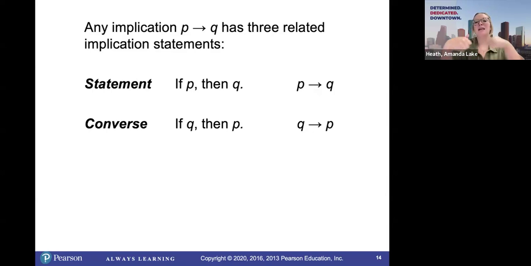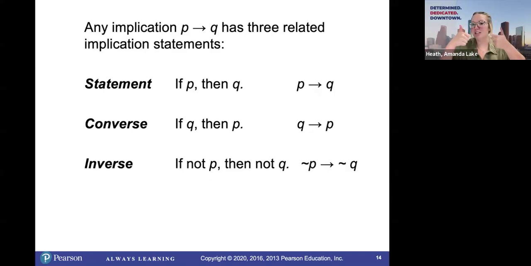It's going to be if Q, then P. The inverse, if I start back with my statement, if P, then Q. The inverse, I'm going to take my thumbs and point into me, and I'm going to negate both of the things. So in that case, I've negated both P and Q.